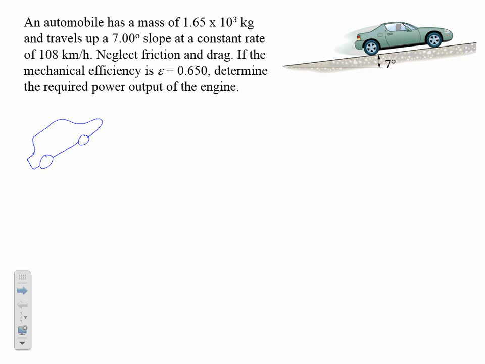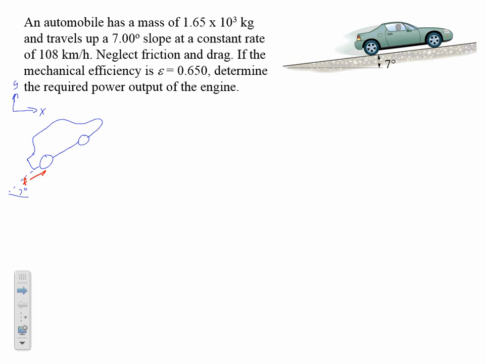Here's a free body diagram of my car. I'm going to put in a horizontal, vertical, XY coordinate system here. And I do know that there's an angle of 7 degrees here. The forces acting on my car: there's going to be friction between the tires and the road, so F. I'm just going to lump all the friction forces of all the wheels into one friction force here.